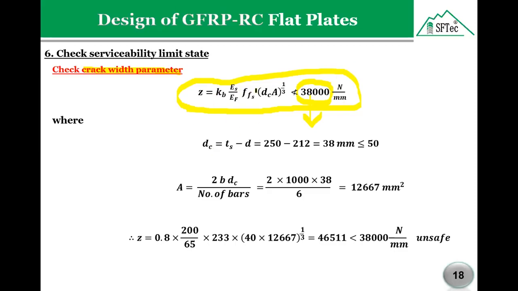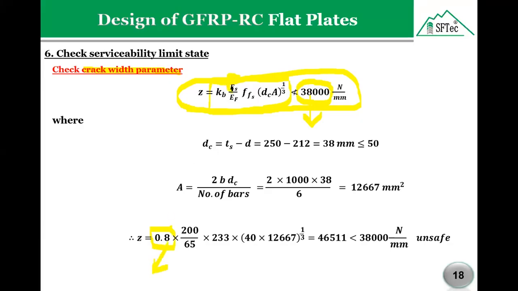As we see here, we have some factors to be determined in order to get the value of Z. Here we have KB, and KB is a factor depending on the surface finishing of the bar. Here we are going to use hand-coated GFRP bars, so the factor KB will be 0.8.